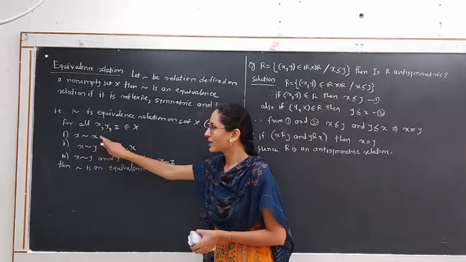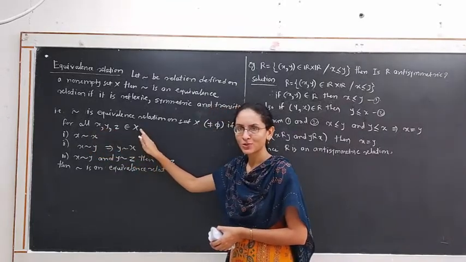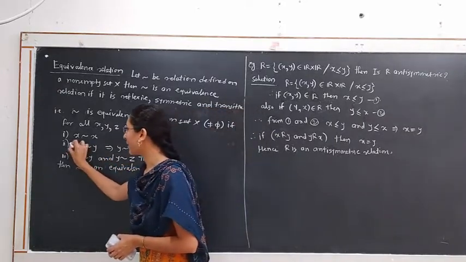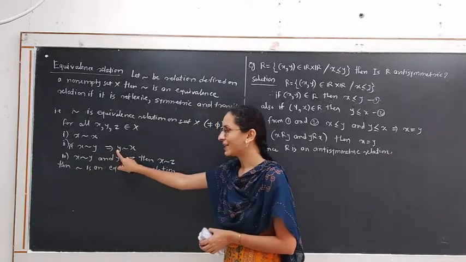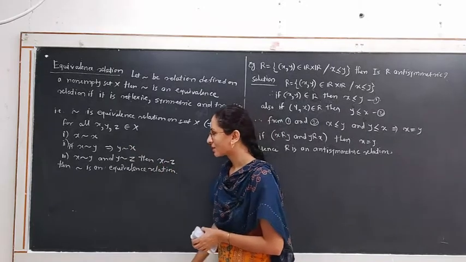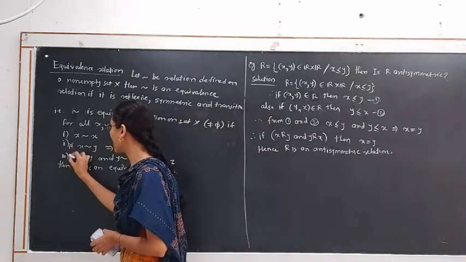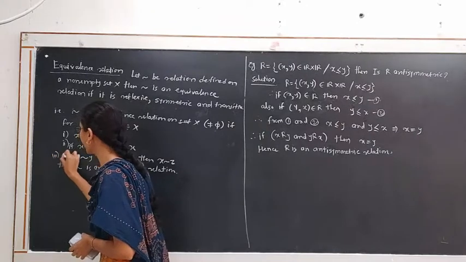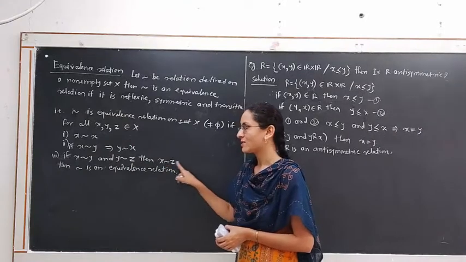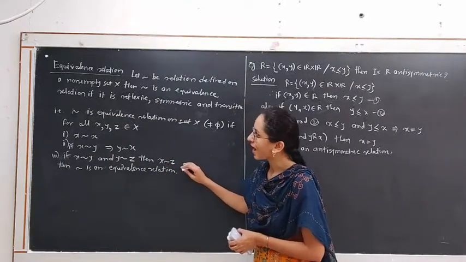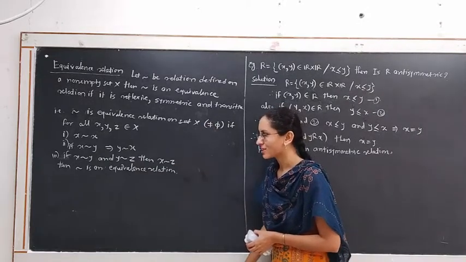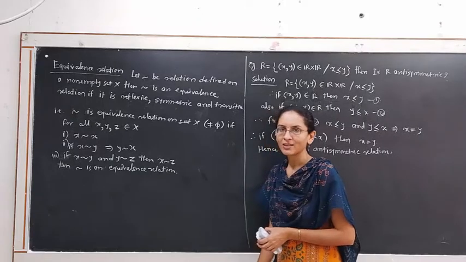X is related to x for all x belongs to set X. Second, if x is related to y, then y is related to x for all x, y belongs to set X. Third, if x related to y and y related to z, then x is related to z. This means R is a transitive relation. If R satisfies all these three conditions, then we say that the relation is an equivalence relation.